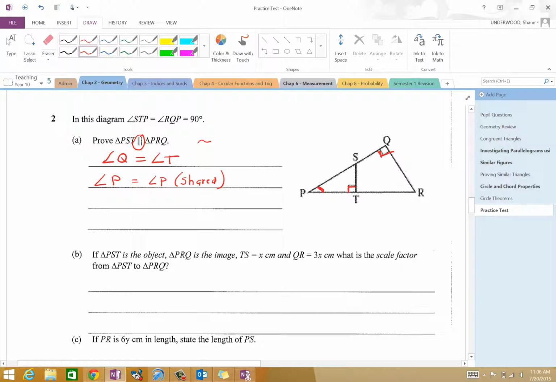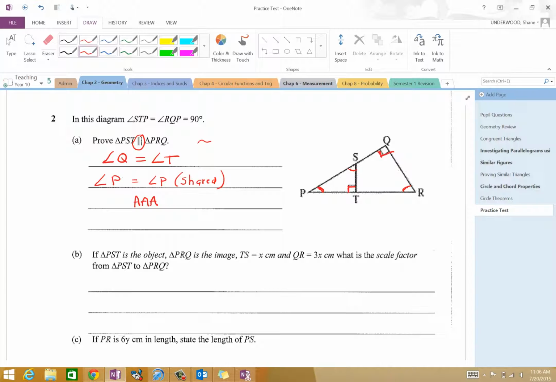Yes? Also, this angle here must also equal this angle here because we've got a 90-degree angle and the same angle. So therefore we've just proven that these are similar.